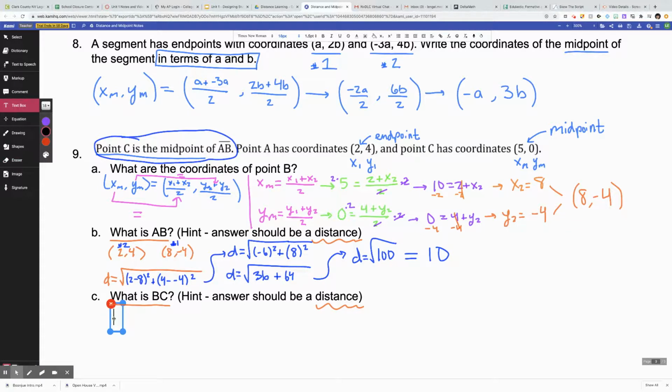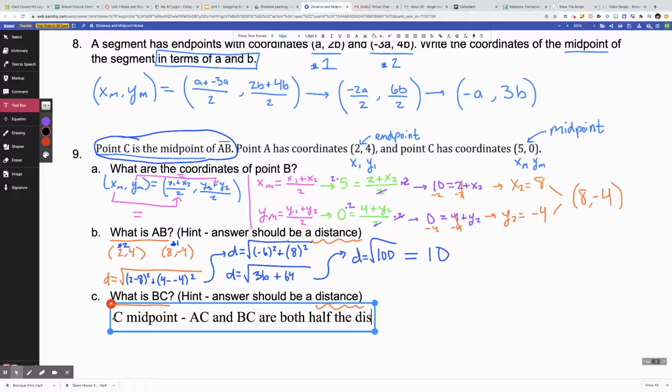Okay, so remember, if C is a midpoint, then that means that AC and BC are both half the distance of AB, right?